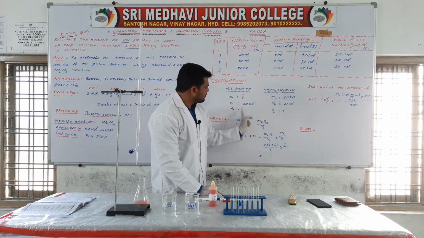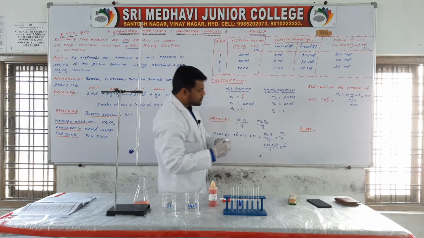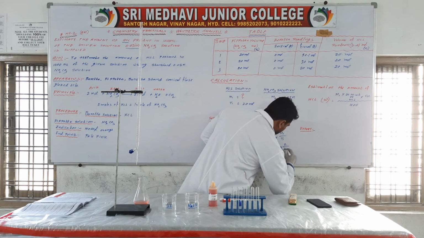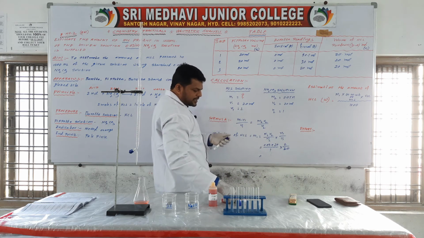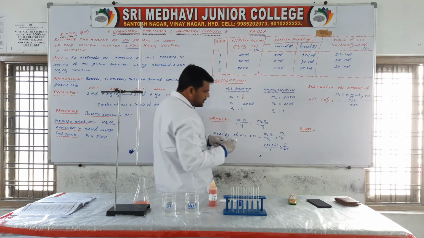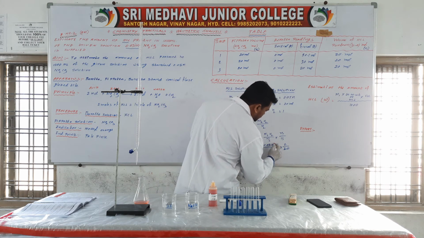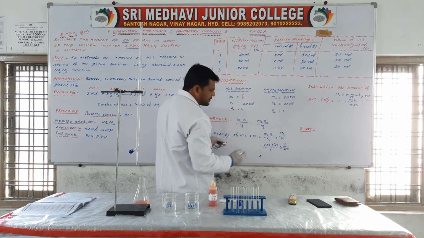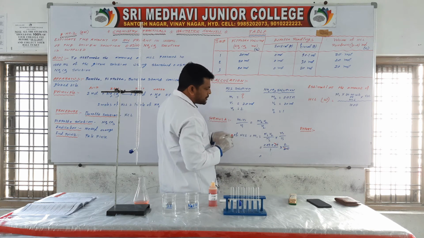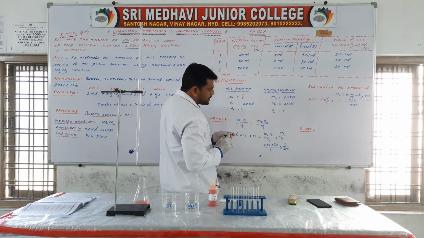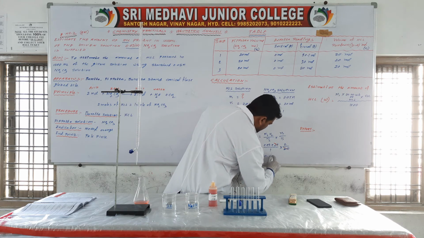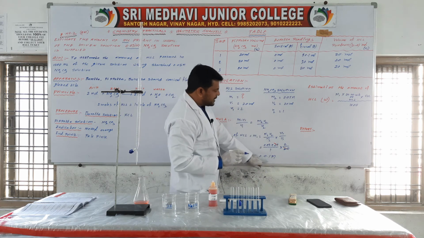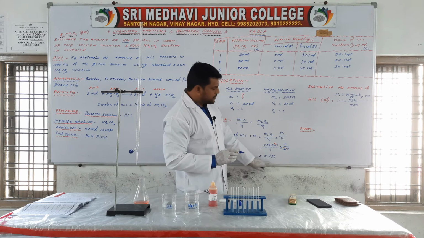N1 means 2 by V1, 20 ml. So you have to write here 20 ml. Then cancel the terms. 20 cancels. So 0.05 into 2, 0.1. So it is the molarity of HCl, 0.1.